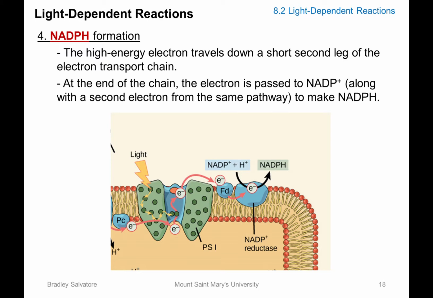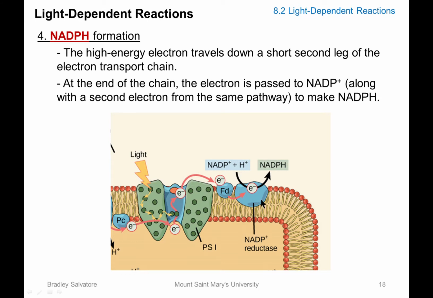So here you have the last steps of our light-dependent reactions, where you will use that newly excited electron, and they will go down the rest of the electron transport chain until they reach the NADP plus reductase.